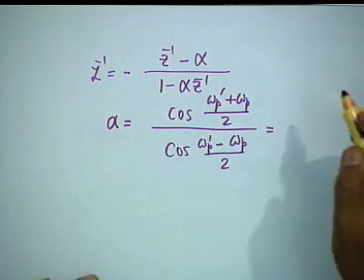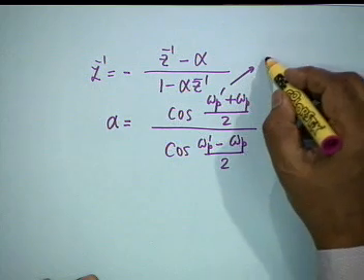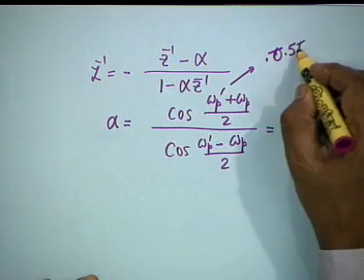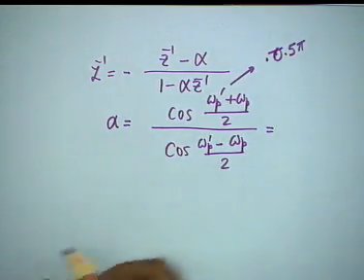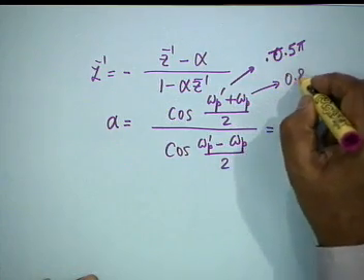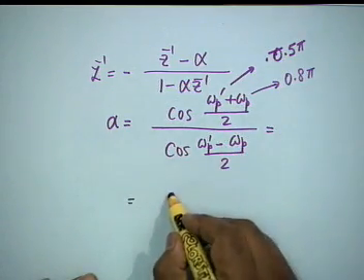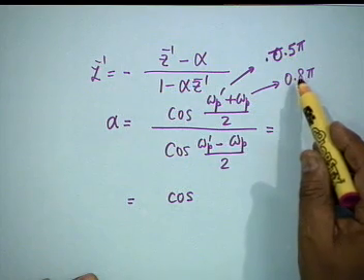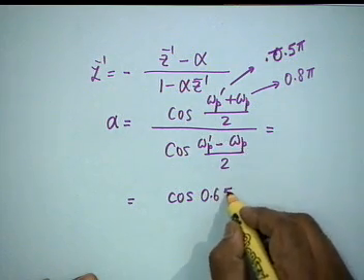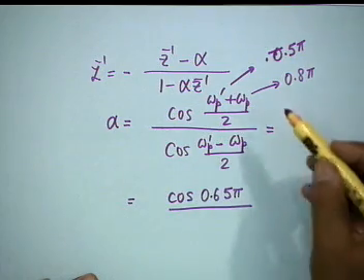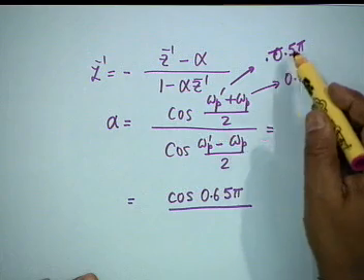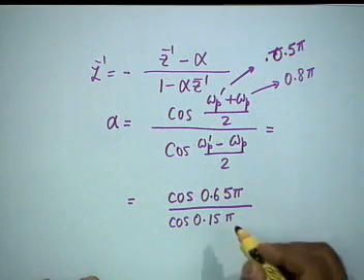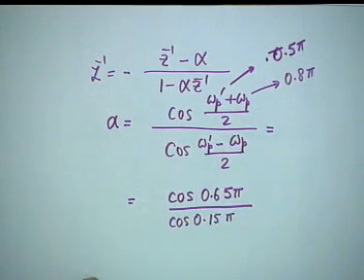In this case omega p prime is 0.5 pi, pi by 2, and omega p is 0.8 pi, and therefore this becomes cosine of 1.3 pi divided by 2, that is 0.65 pi, divided by 0.8 minus 0.5, 0.3 divided by 2 is 0.15 pi.